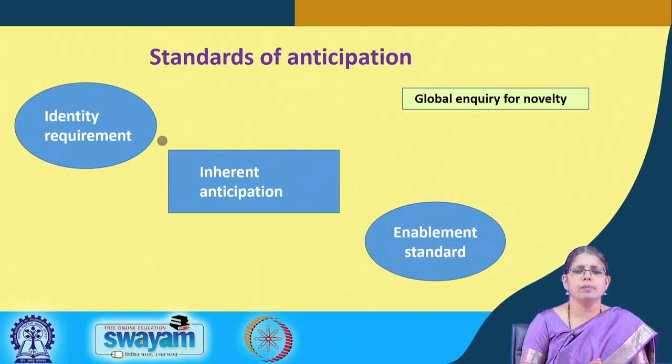The second standard of anticipation is what we call inherent anticipation. Many a time the prior document or the prior disclosure may have elements which can be combined, let us say 1 plus 2 plus 3 gives an invention X, and X is your invention. Now, let us imagine that there is an intermediate that is possible in relation to the combination of, let us say 1, 2 and 3, which inherently is present or has to be made.